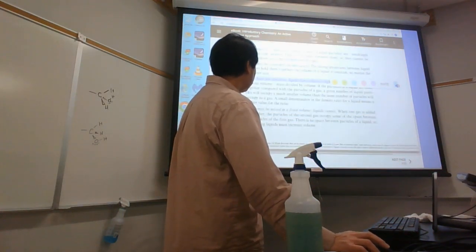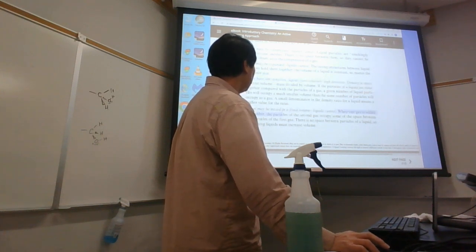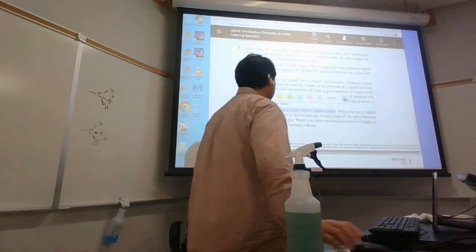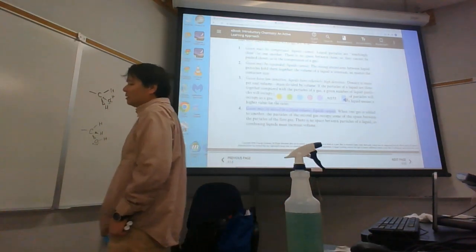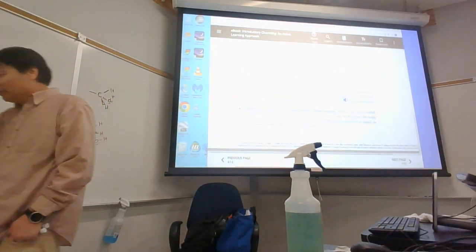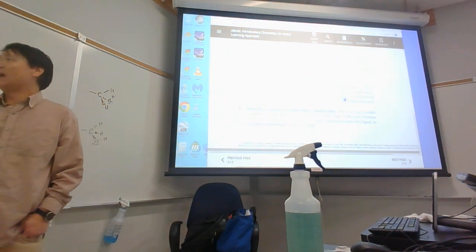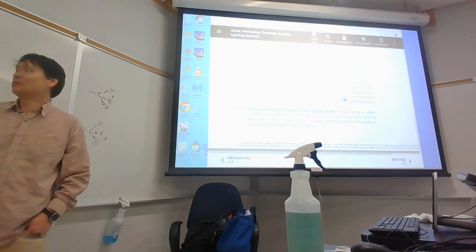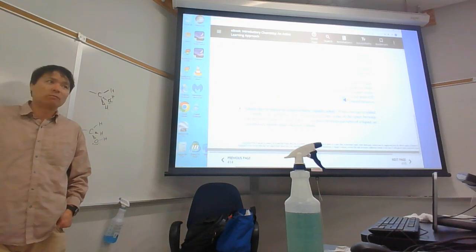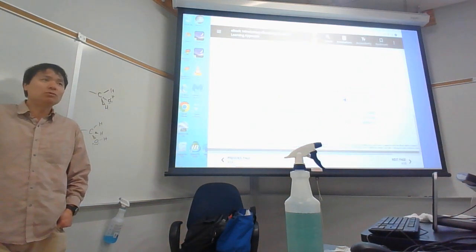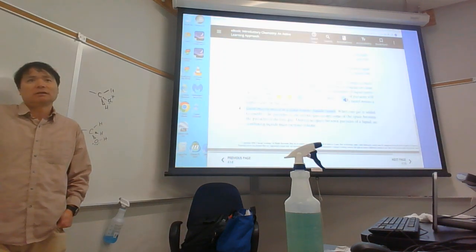Gases may be mixed in a fixed volume, liquids cannot. When you mix liquids, the volumes are additive, but they're not perfectly additive. Now, it depends on the liquid. So, for example, if you took 1 milliliter of pure ethanol and mixed it with 1 milliliter of pure water, you'd expect 2 milliliters of ethanol solution.